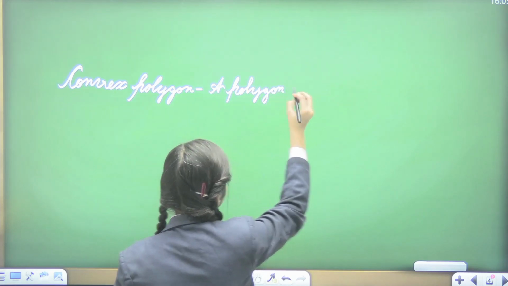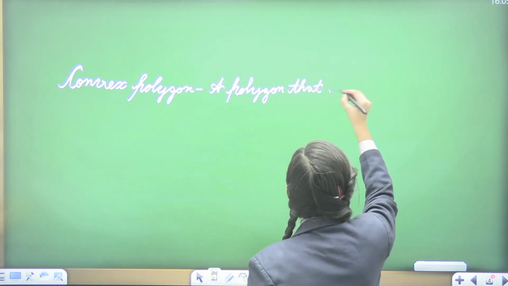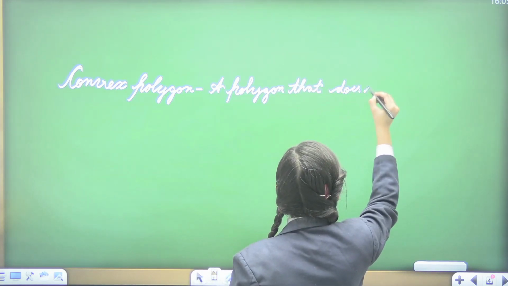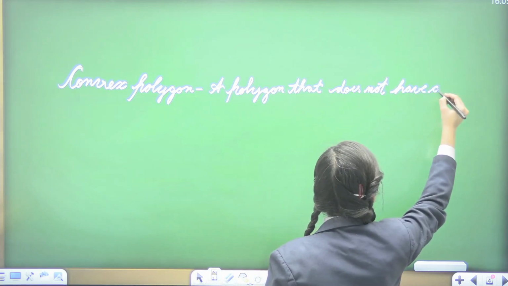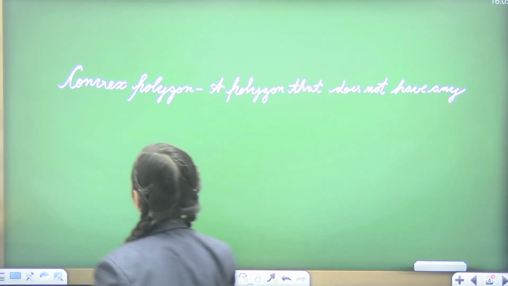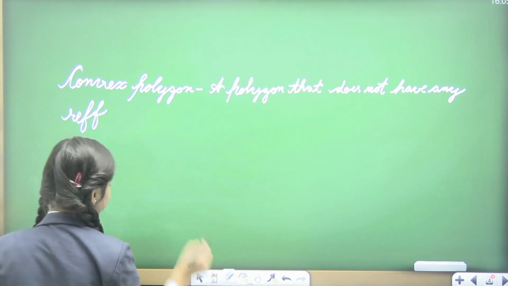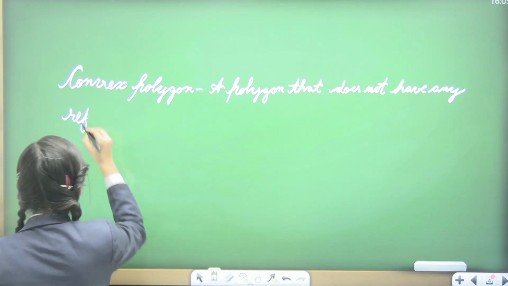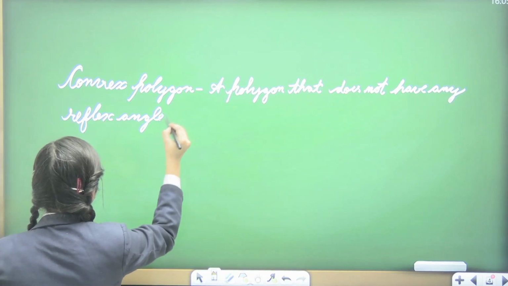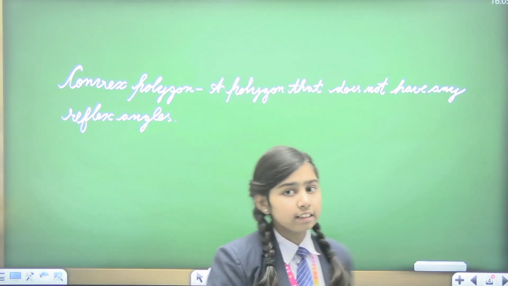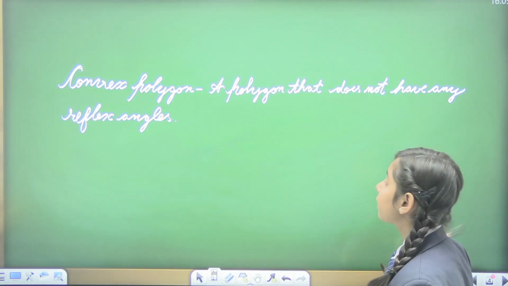A polygon that does not have any reflex angle. So as I said, it is just the opposite of the concave polygon. It does not have any reflex angles.